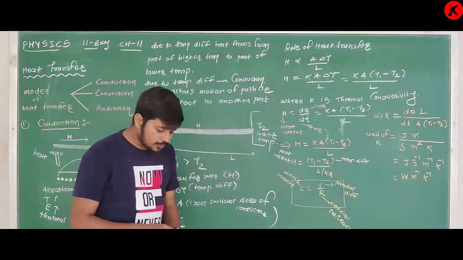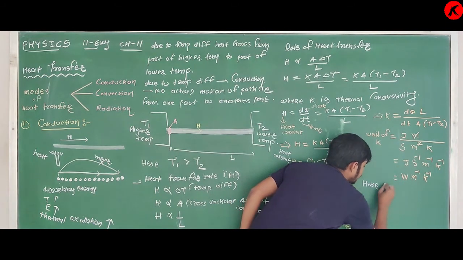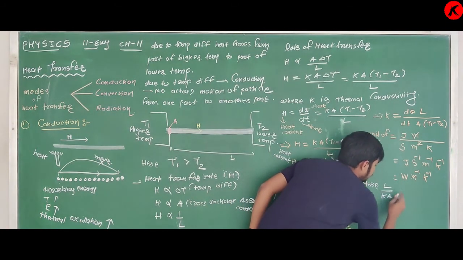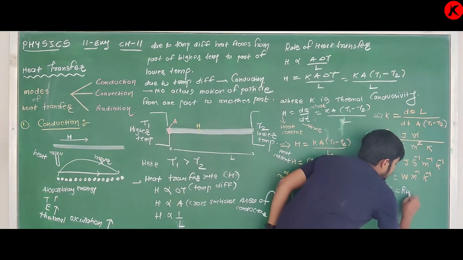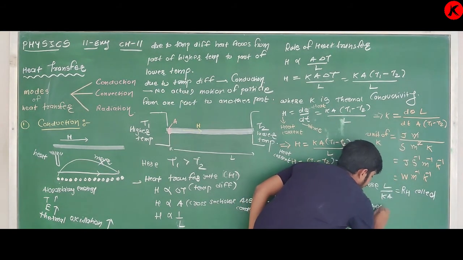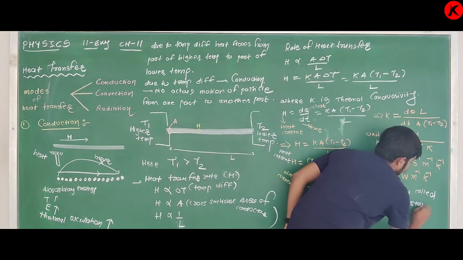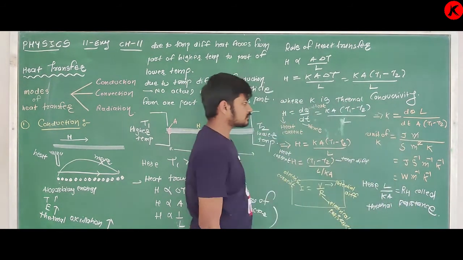Yes, L upon KA is equal to RH, called the thermal resistance of the conductor.